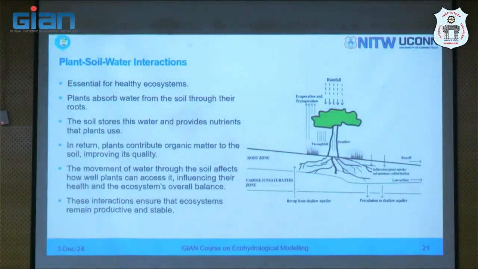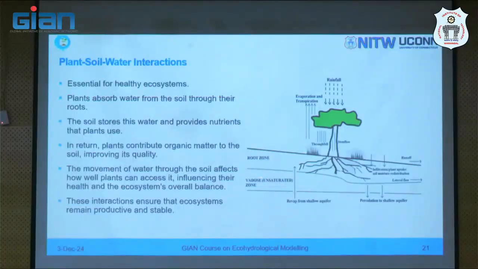And so here is an example, right? Rainfall comes and part of that gets intercepted, and the rest gets through as throughfall. There will be feedback through evapotranspiration. Some of that will directly go to the stream as runoff. Then there will be infiltration. With that, there will be dissolved nutrients that will be taken up by the plant to support plant growth.